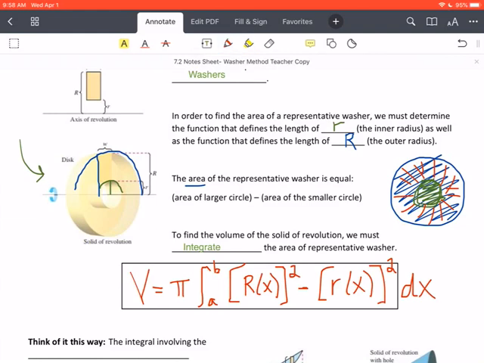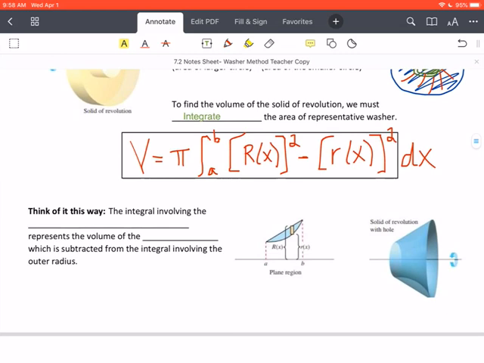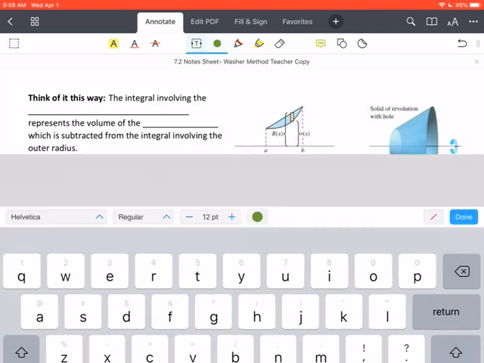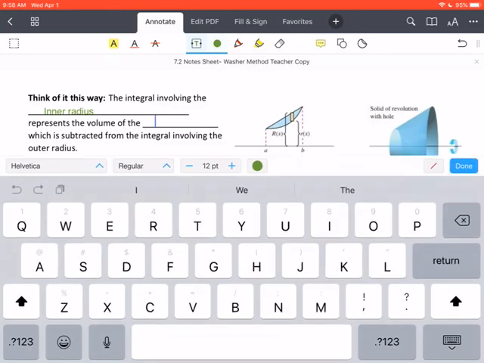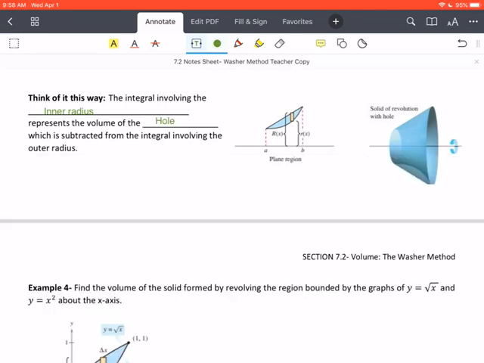So what we can really think of is that when we have an integral that involves an inner radius, that's representing the volume of the hole. So when we integrate the inner radius using pi r squared, we are really finding the volume of the hole.